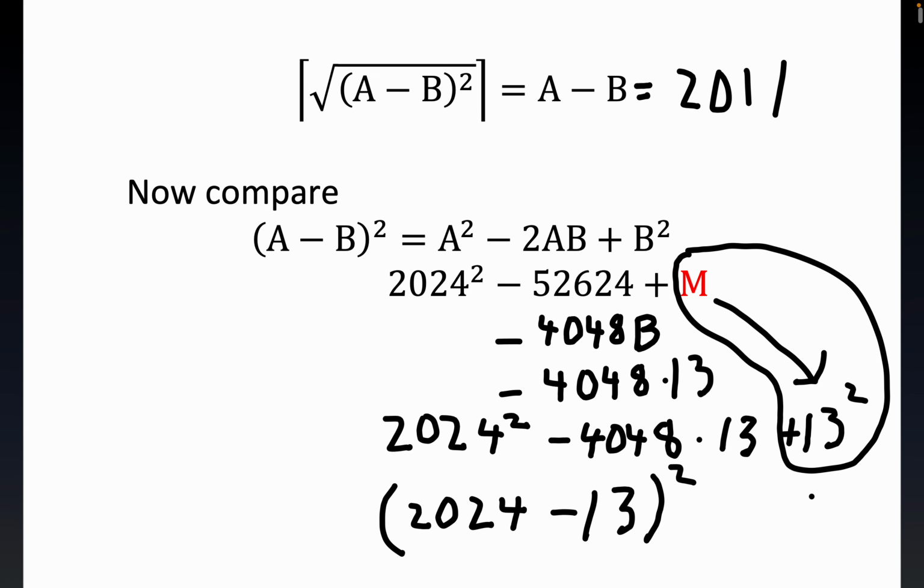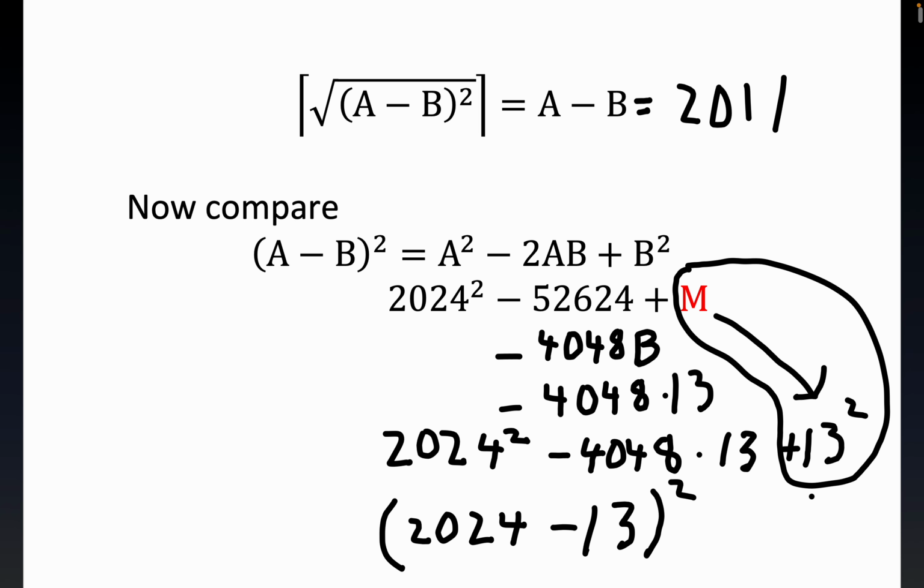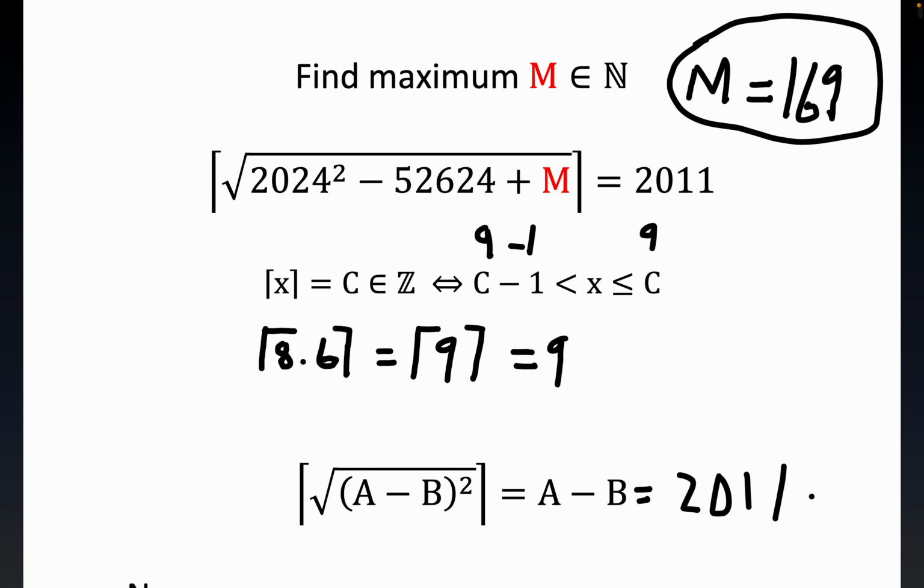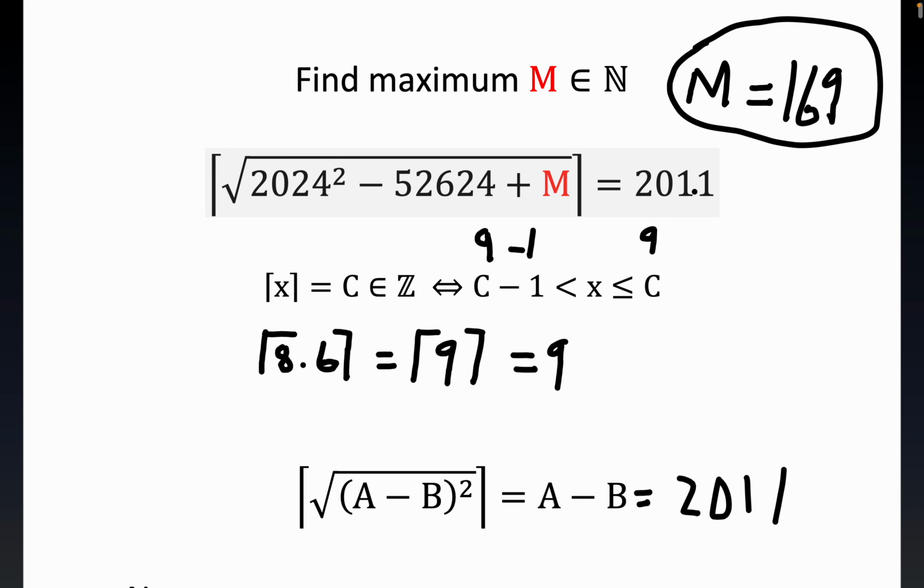Notice that if m were even one larger than this constant, let's say 170, that would make the ceiling be 2012. 168 would still give you a ceiling of 2011. Between the squares, you're always going to have this ceiling of 2011.